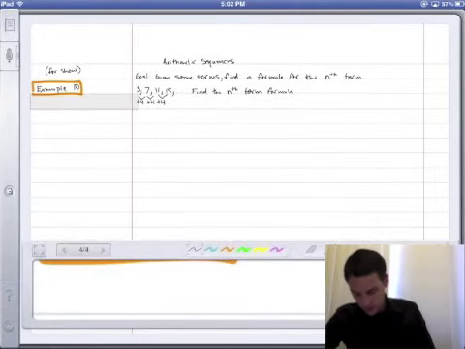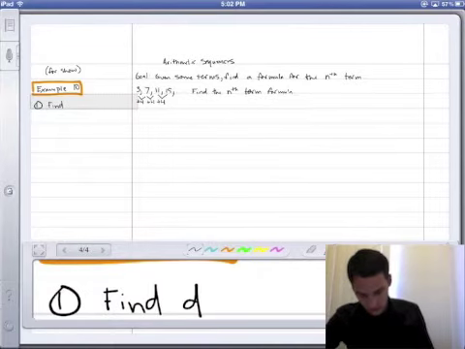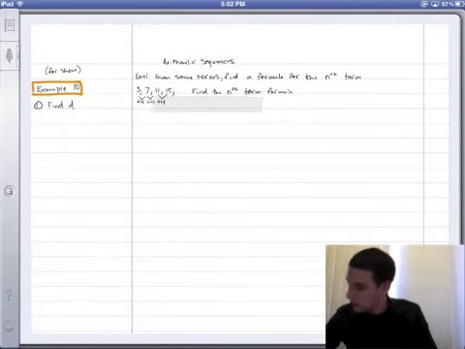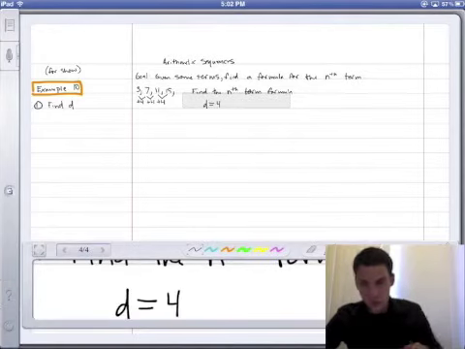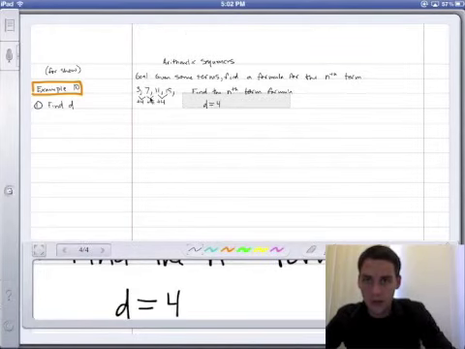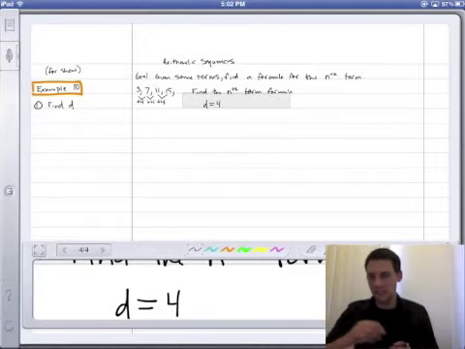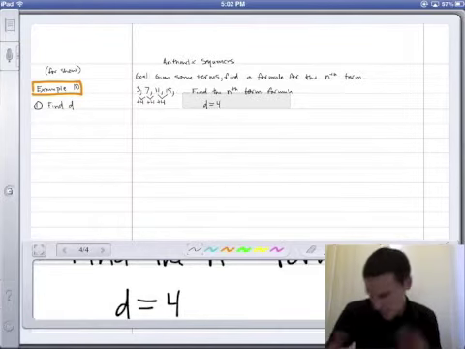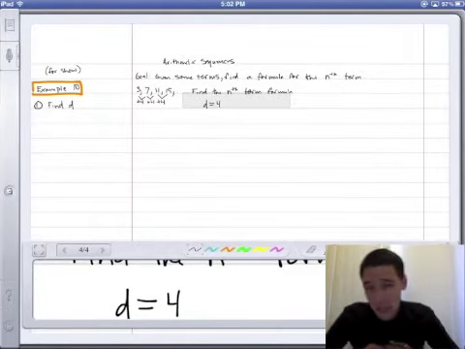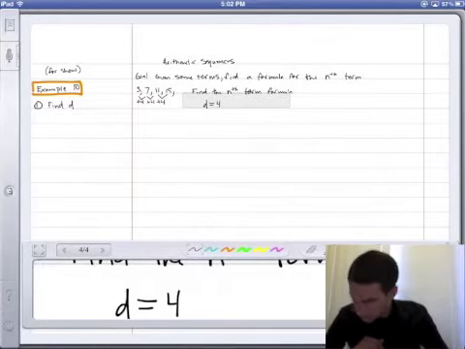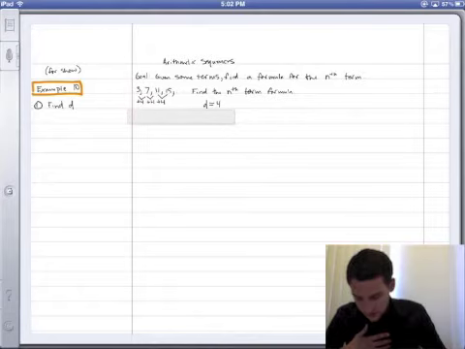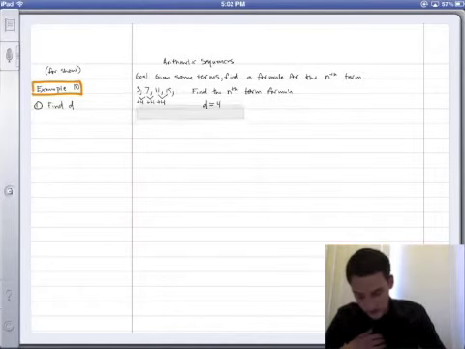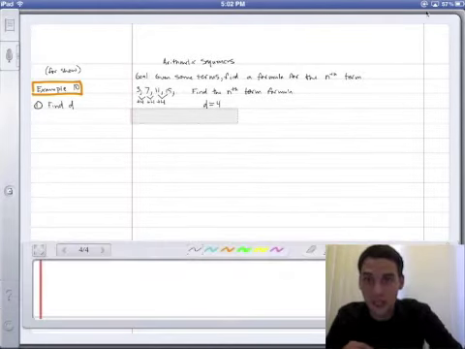So step 1, find d. So here, d is 4. And we can see that right here. I just used my mouse, little tricks. And the next thing that we can do is find the first term. Well, here we can just look at it.